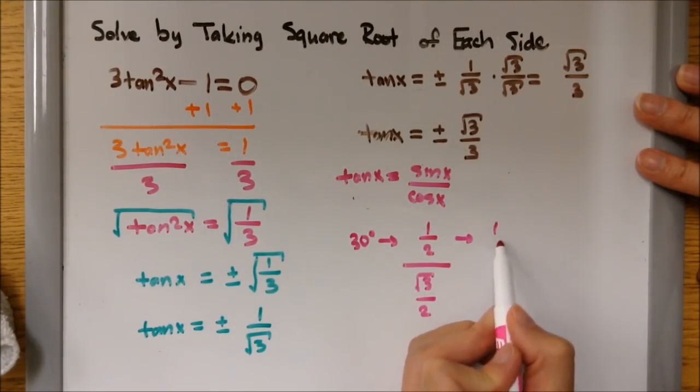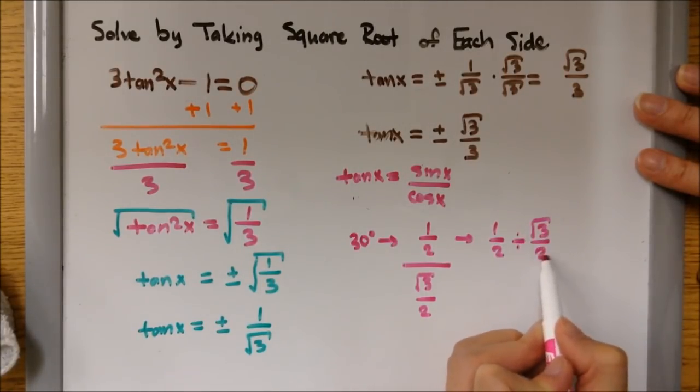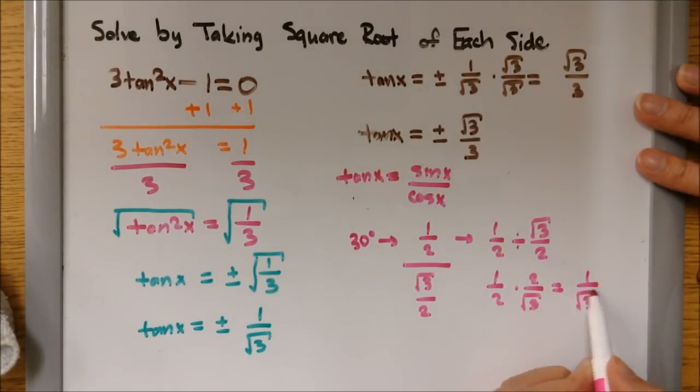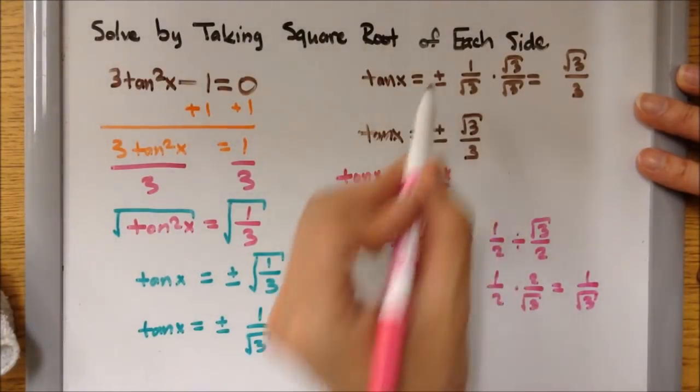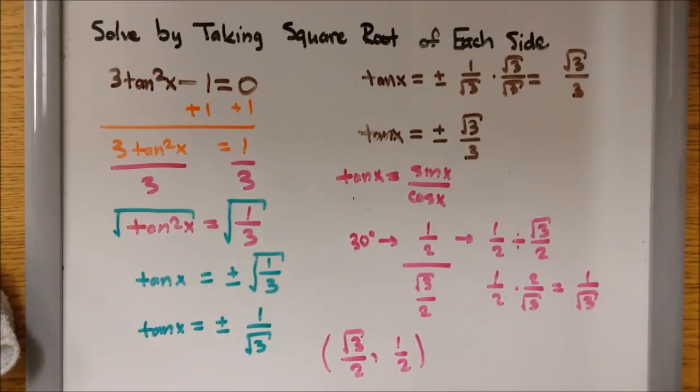Rewrite it as a division of fractions, change it to a multiplication of fractions, and that will equal 1 over square root of 3, or square root of 3 over 3. So it matches with this one. So the arrangement that we're looking for on the unit circle is where square root of 3 over 2 comes first, and then comma, and then 1/2.